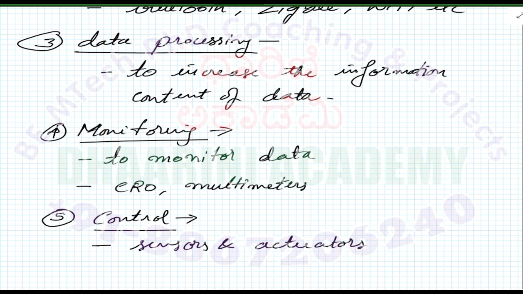So what is a sensor? A sensor is the one which senses an environmental variable. For example, you want to build a system which keeps monitoring temperature and pressure at some location. So the temperature will be sensed by a sensor.